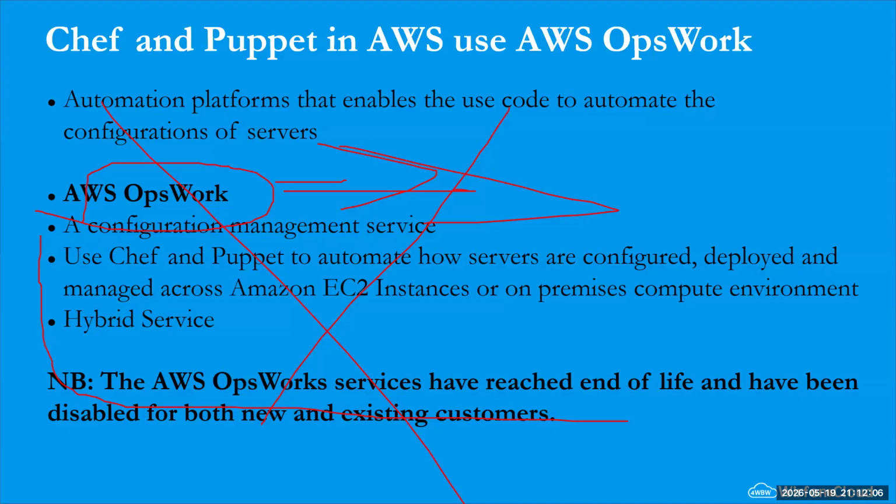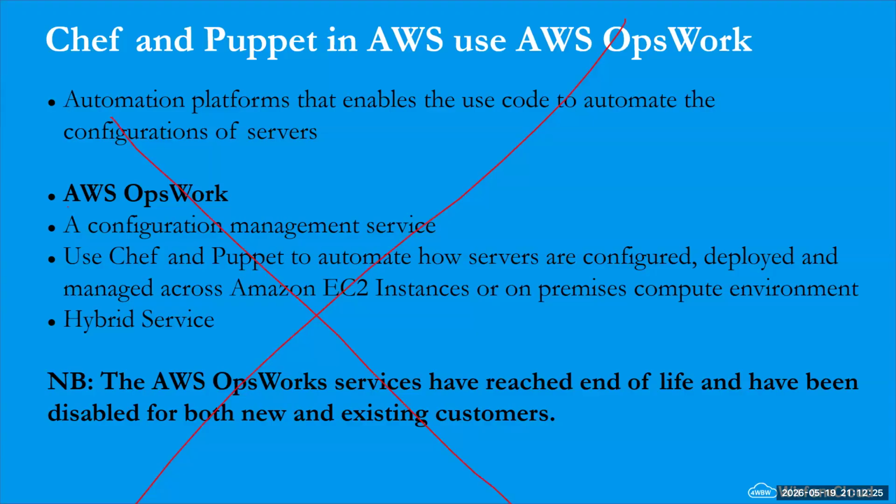I don't think you will see it in the exam, because when something goes out of service, AWS no longer tests you on it, right? But I'm mentioning it in case you see it in a question, because sometimes Tutorials Dojo also don't update as soon as things change.